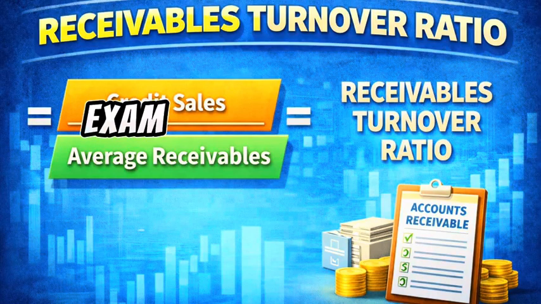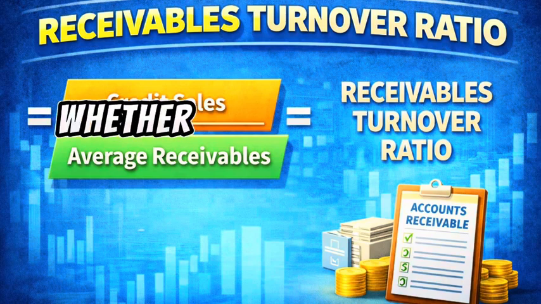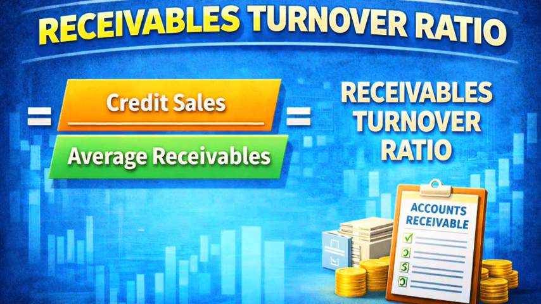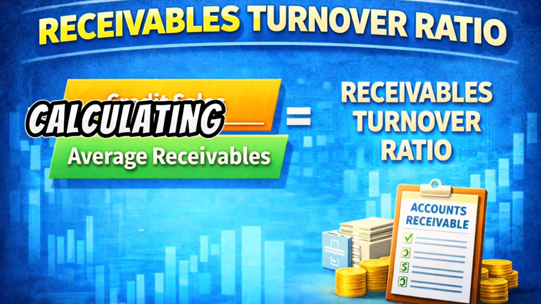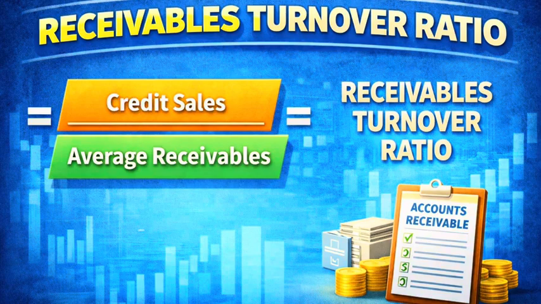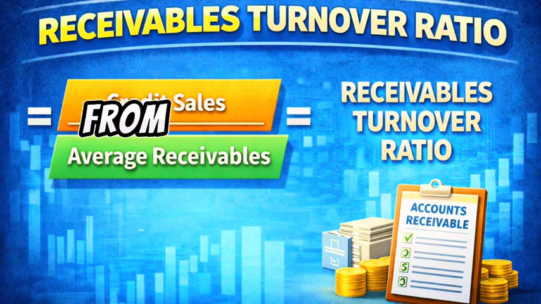The formula is very easy to understand. Credit sales, where do you get your credit sales? In an exam situation, you will be told whether the sales are on credit or whether they are not. So you don't use cash sales when you are calculating receivables turnover ratio. You use only credit sales. This is because we are looking at the ability of the company to collect from debtors.